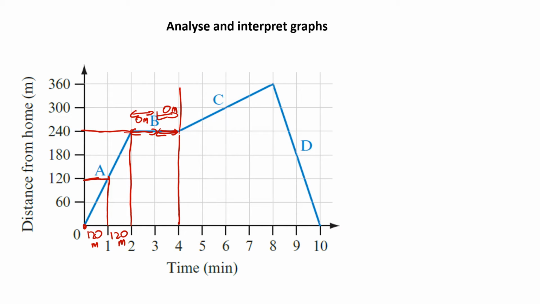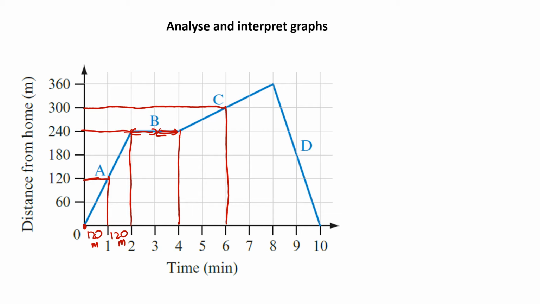All right, I'm just going to rub that out because it's going to get a bit messy in a moment. Now, then I get into section C. Before that, in section B I'm stationary, but then I start to move again. In section C, I'm going to go from 4 to 6 minutes just because it's going to be easy to see something. I'm going to track up here and then across.